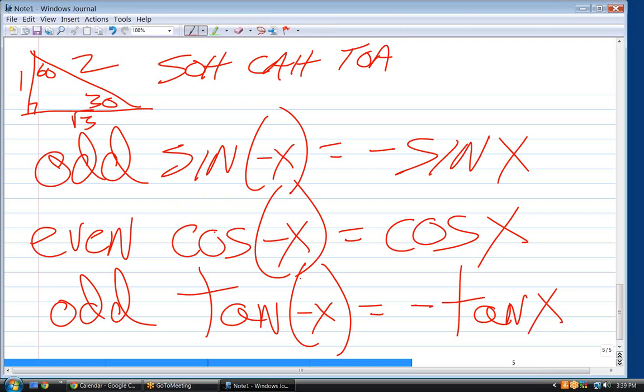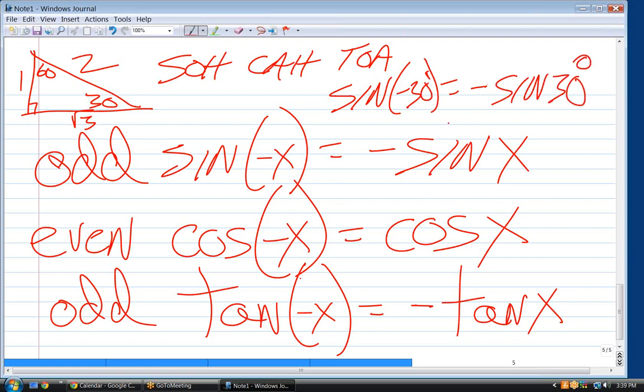If cosine is even, then secant is even. Tangent's odd, cotangent's odd. So when I said, what's the sine of minus 30 degrees, it would be the same as minus the sine of 30. So it'd be negative 1/2.